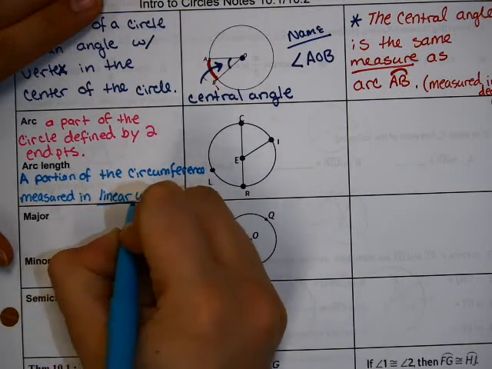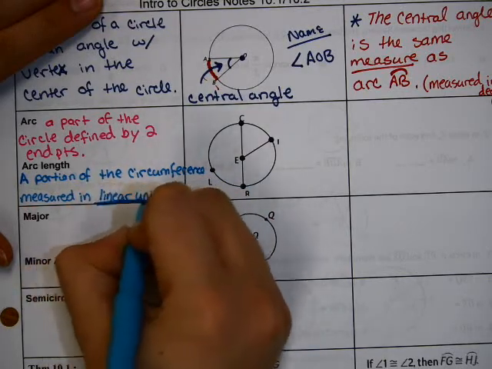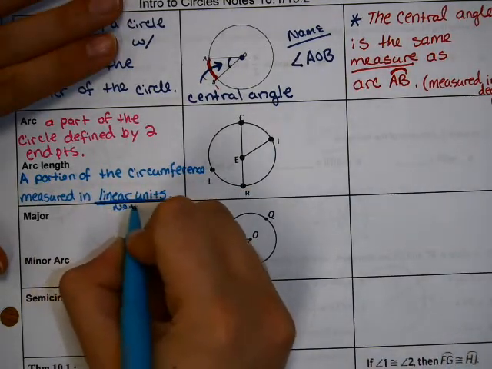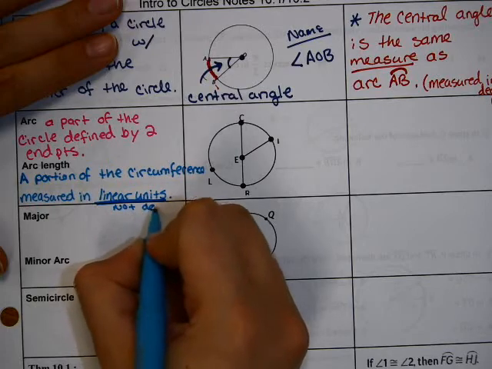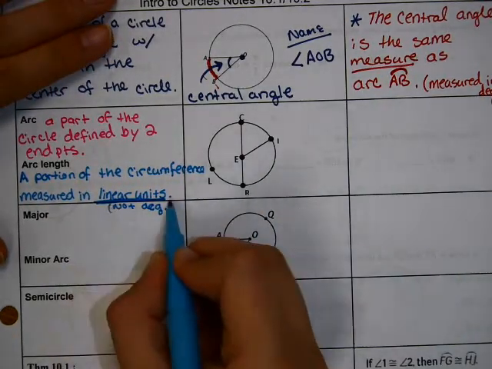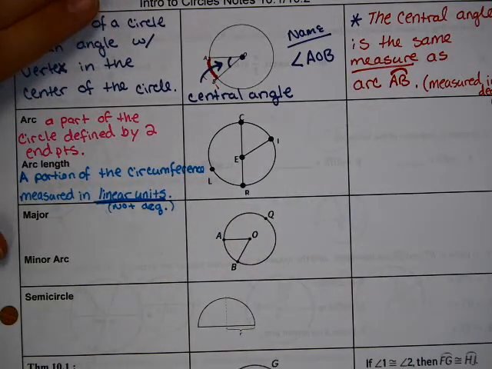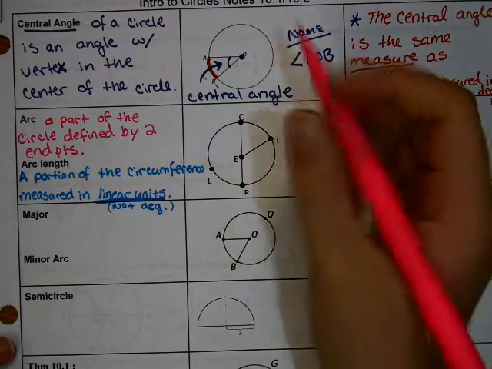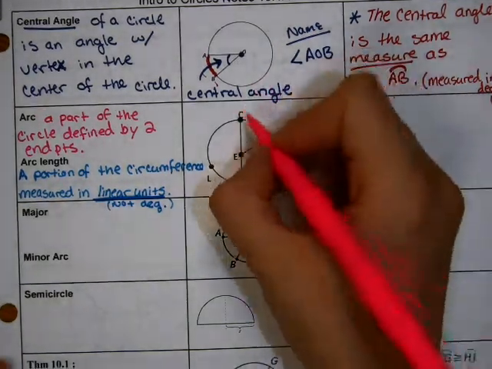So when we get to arc length, the linear units will not be in degrees. So not degrees. Excuse me. So let's look at some of the arcs that are in this picture here.